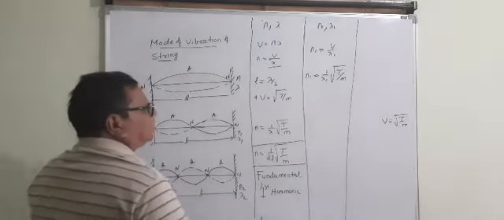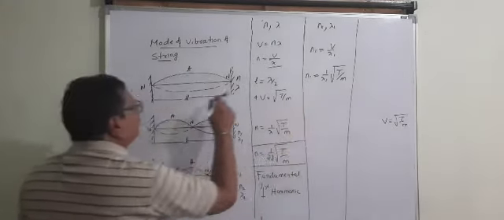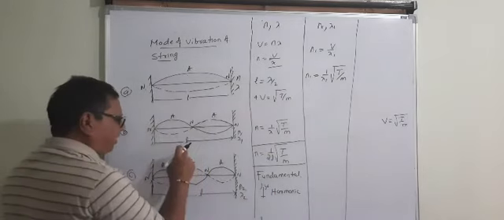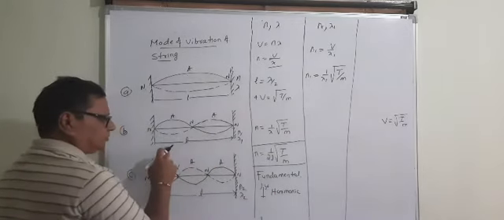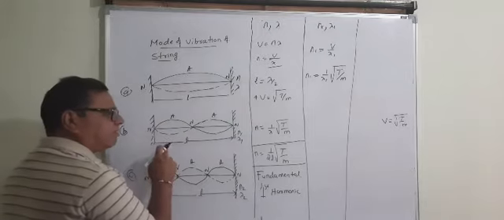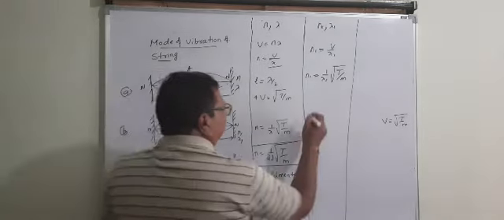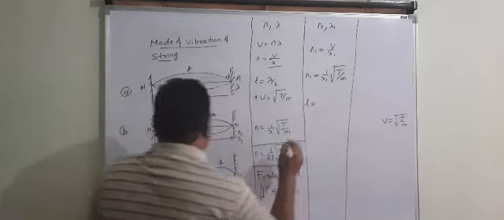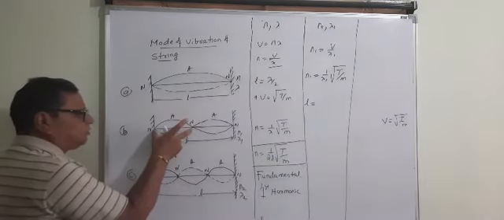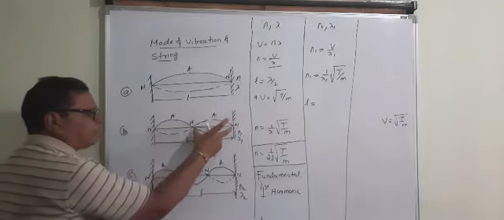But we don't know lambda. Lambda can be determined in terms of l, as we can measure the length of the string. So from figure B, length of string is equal to the distance between two successive nodes, lambda by 2 plus lambda by 2.